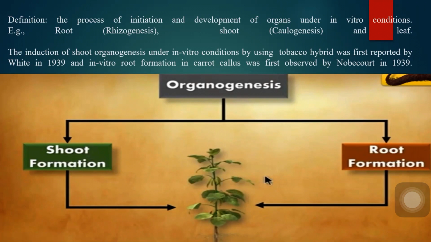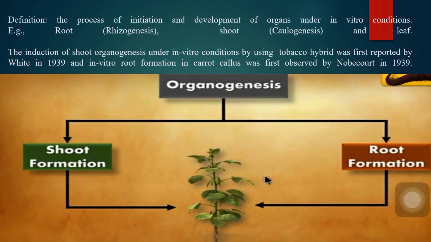This technique was first developed by two different scientists, who were the first to report the formation of shoot and formation of root. White in 1939 used a tobacco hybrid plant, where he was able to go for regeneration of shoot; he formed the shoot organ first, and he used tobacco as his explant.